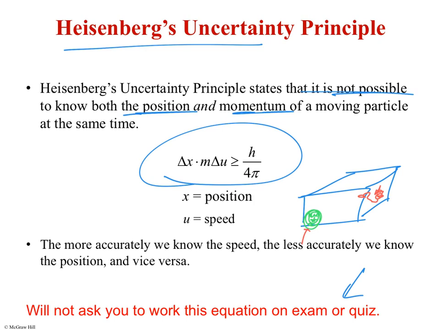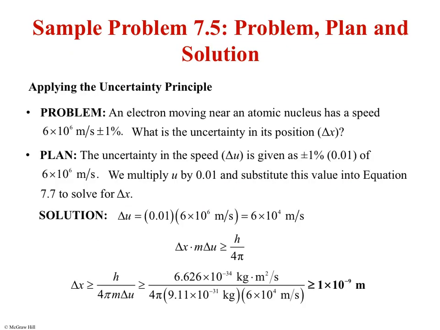And so it's impossible to know the momentum, like the speed, where it's going, and the position at the same time of a moving particle. Because like I said, once you're studying it here, the time has lapsed and now it's over here.